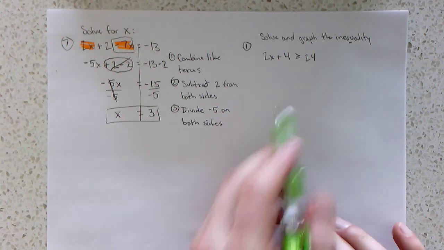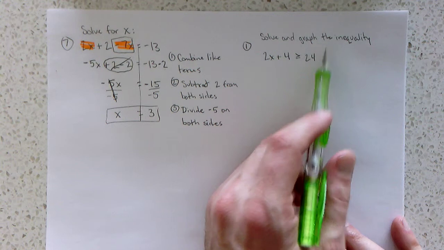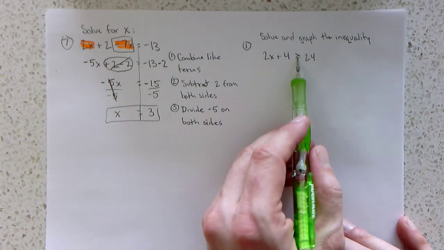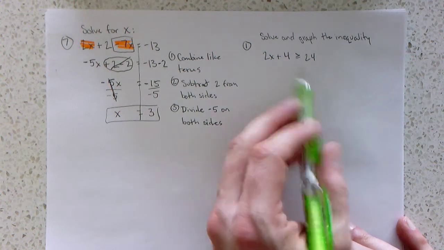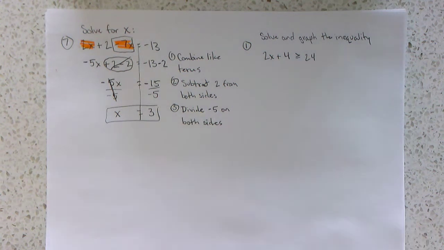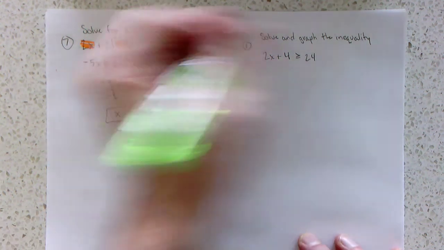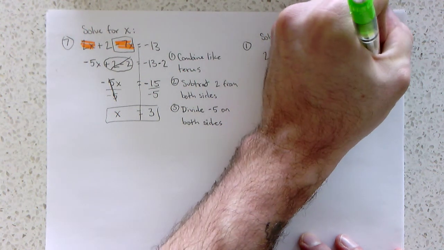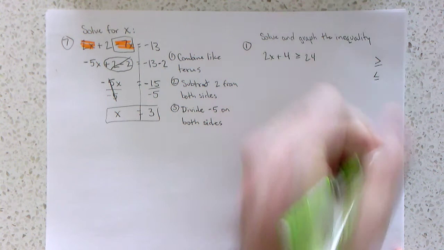All right, so now on the second one, solve and graph the inequality. So if we remember our inequality signs: greater than or equal to, less than or equal to, greater than, and less than. So we have all these different signs.